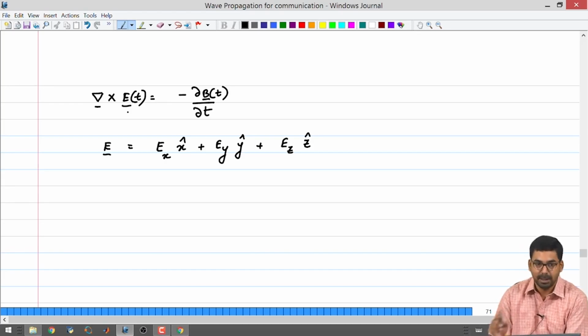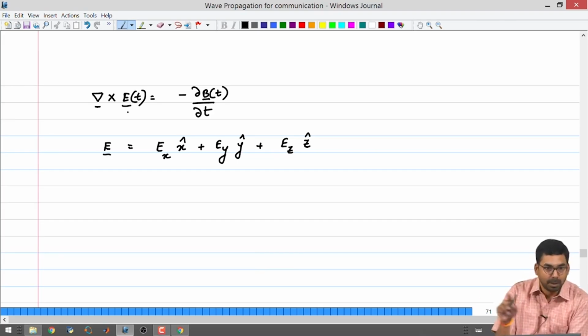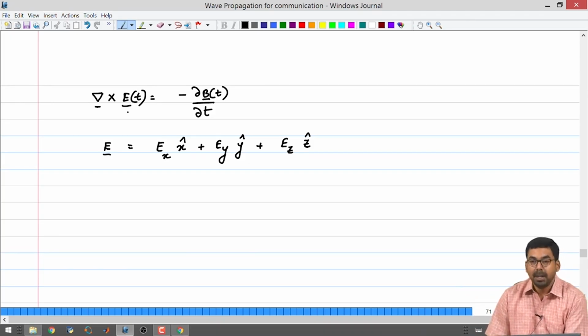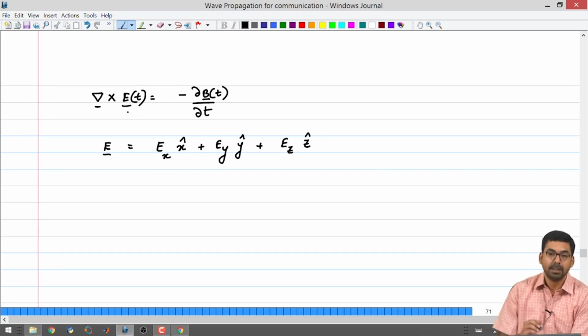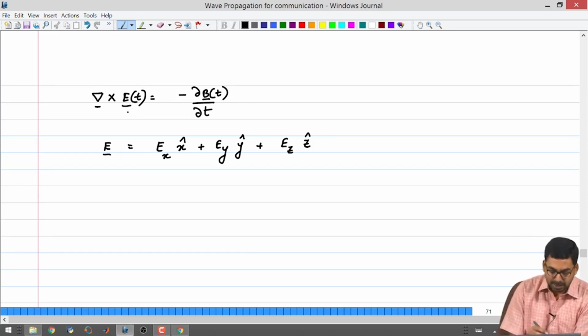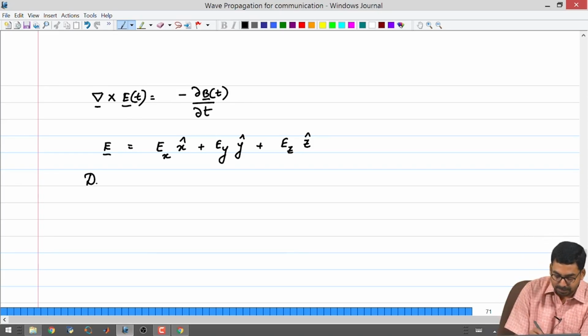But the direction of propagation was along the wire, and we fixed a coordinate system along the wire to be the z direction. The problem now is we do not have any wire. But we can begin with the simplest case. Let us assume that the wires have vanished, but the direction of propagation is still z. This is a first step that we have to make in order to understand this curl equation a little further. Let us say that the direction of propagation is z.